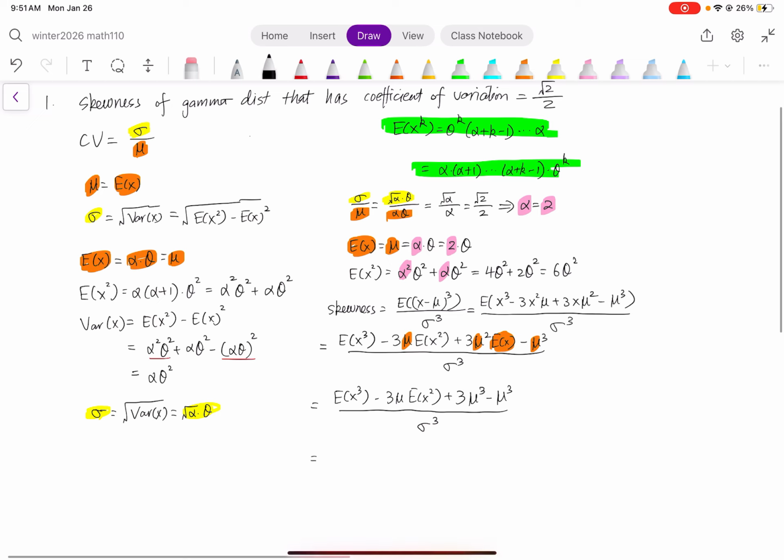So expected value of x to the third minus 3 mu expected value of x squared plus 2 mu to the third over standard deviation to the power of 3.